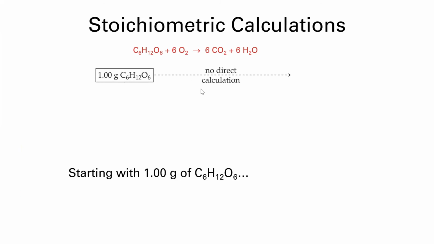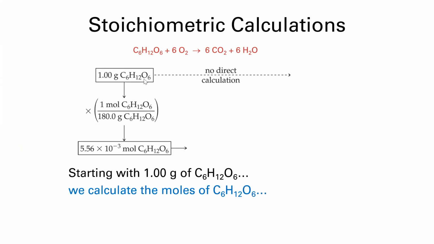Now, there is no direct calculation from this equation. It means when we want to burn 1 gram of C6H12O6, first we have to calculate the moles of C6H12O6.